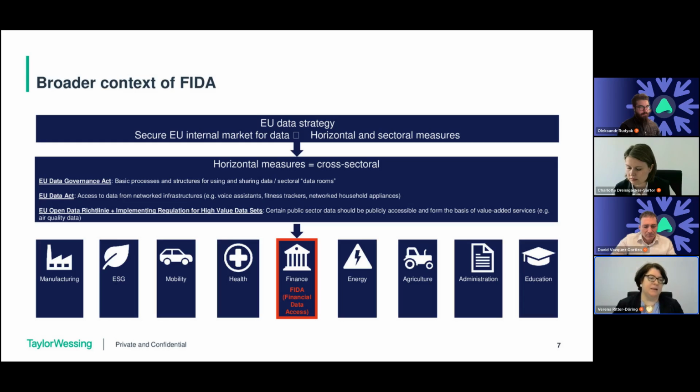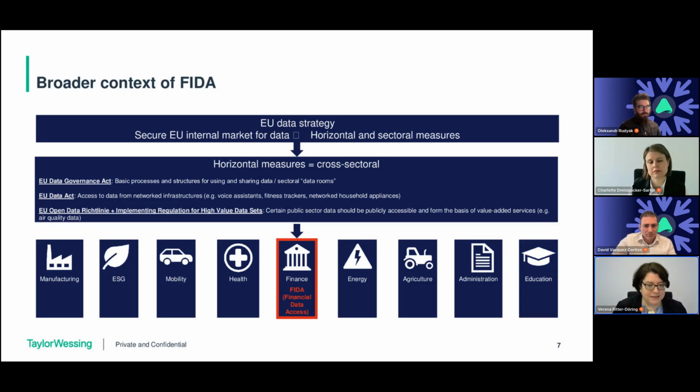And then we will get an Open Data Directive. It's not there yet, it will come mid of 2024, so soon. Just so that you have heard it, this is the basis, it applies to every sector.